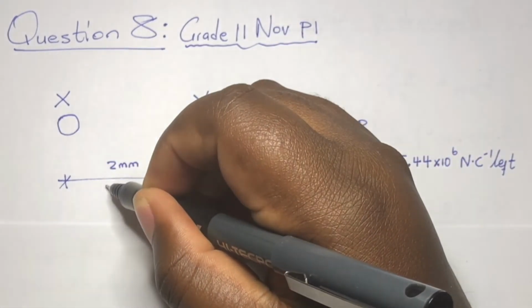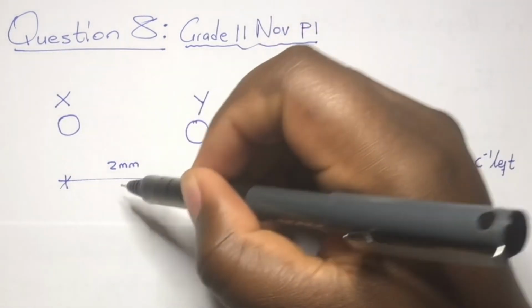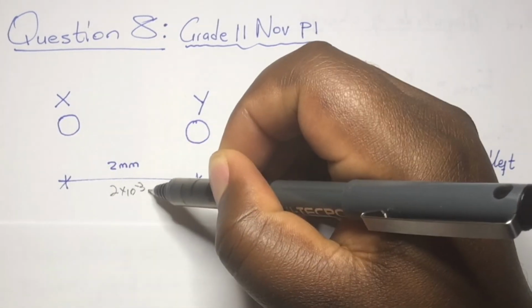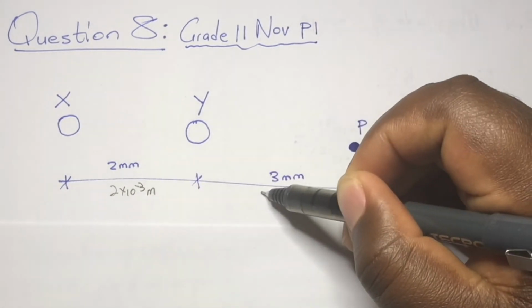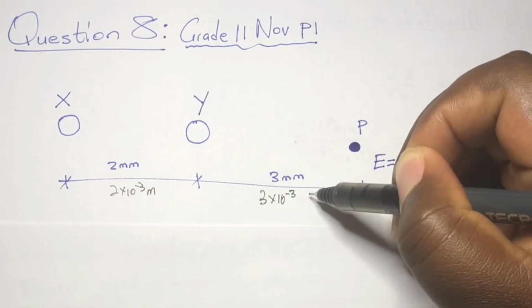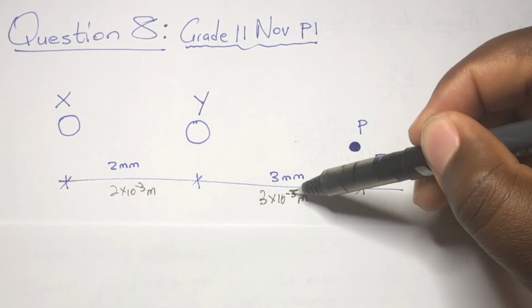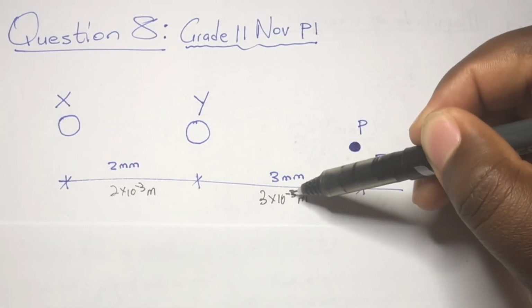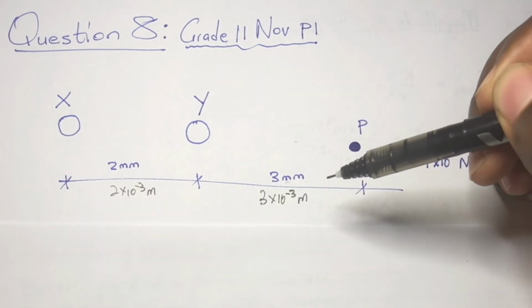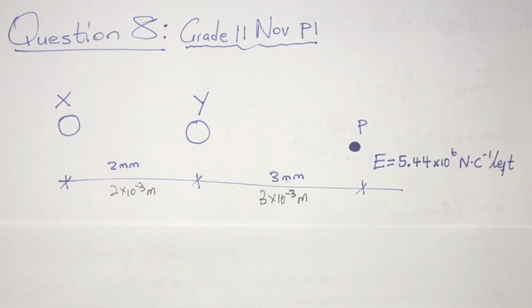You can either divide these two by 1,000, or you can say 2 by 10 to the power minus 3 meters, 3 by 10 to the power minus 3 meters. So it's by 10 to the power minus 3 only if it's in millimeters. If it was in centimeters, it was going to be by 10 to the power minus 2.